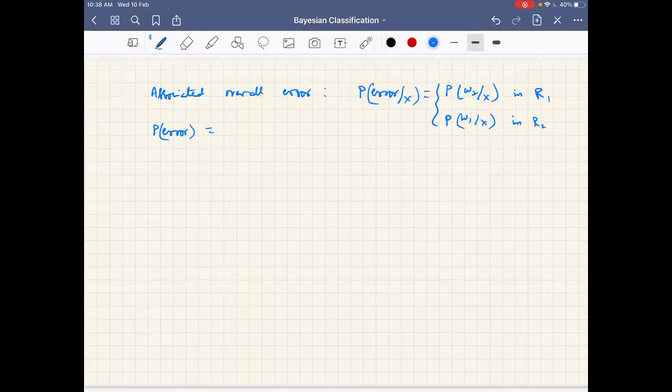If I am putting a sample into region R1, the error is contributed by P of omega 2 given X. If I am putting a sample into region R2, the error is contributed by P of omega 1 given X. Now I need the overall error.